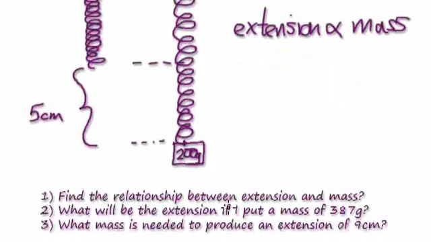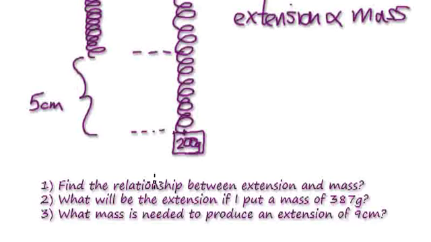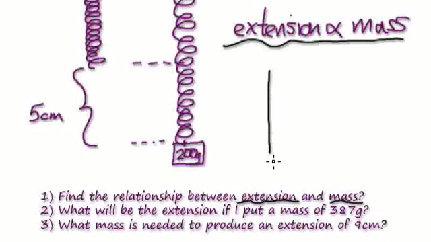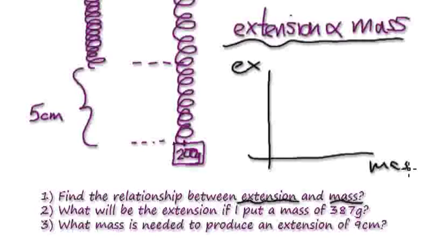Now the question is: find the relationship between extension and mass. What that means is, if you're told that the extension is proportional to the mass, you can pretty much draw a graph like this. The extension here, and the mass down here.